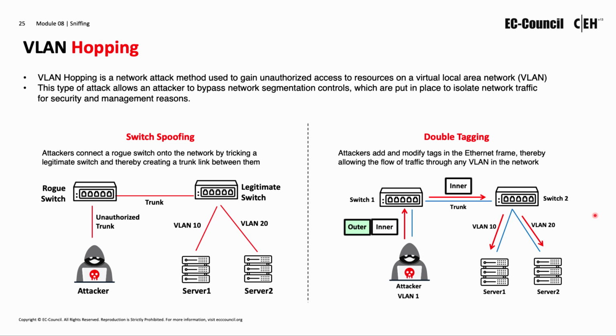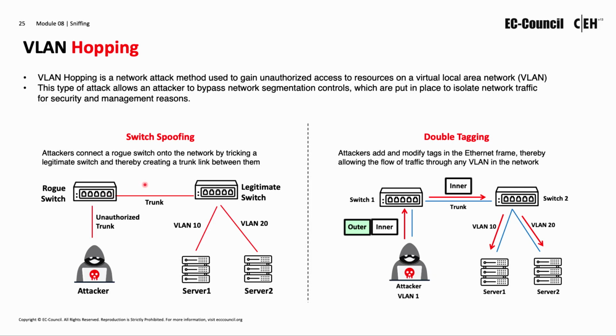Let's go back to the previous switch. If this port right here is in negotiate mode, let's say it's in dynamic auto, if it finds a trunk port, then it's going to automatically turn into a trunk port. What if it's in dynamic desirable?